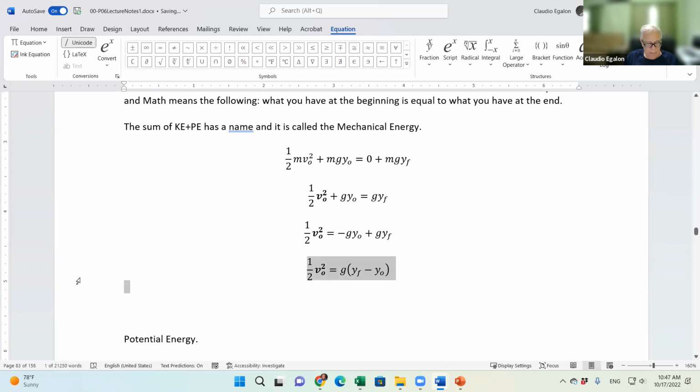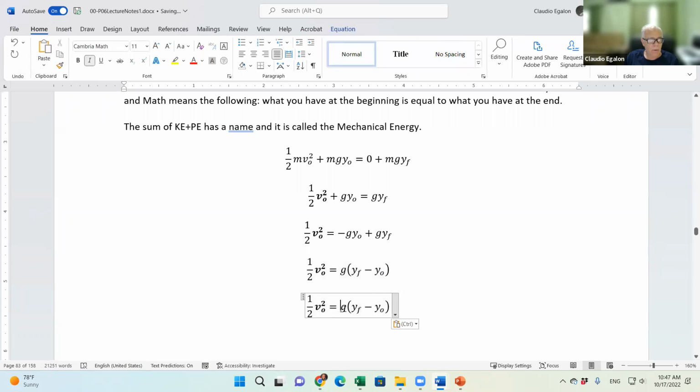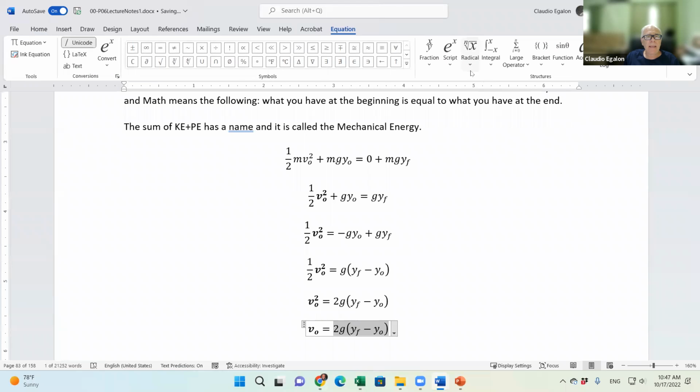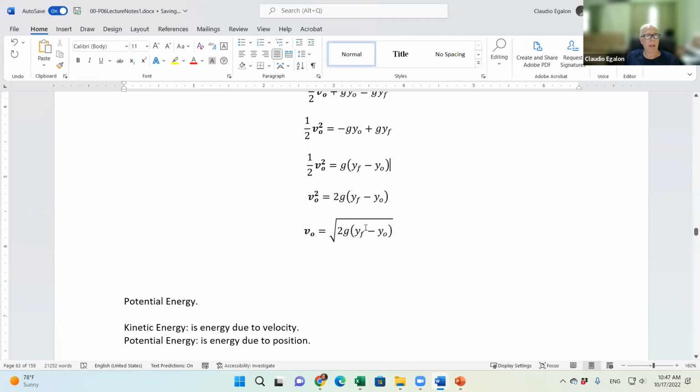And then we can finally solve this equation as being the square root of what you have on the other side, okay? So that's one type of application of the concept of work and kinetic energy. Here you go. If you apply everything there, you're going to get the value.